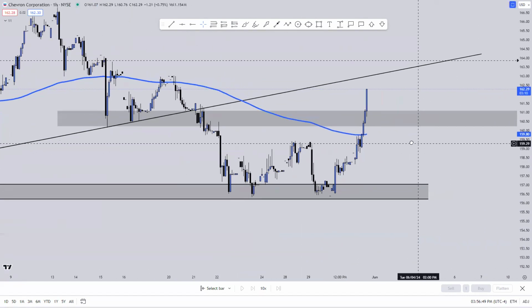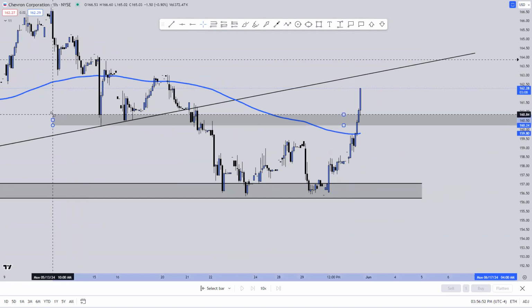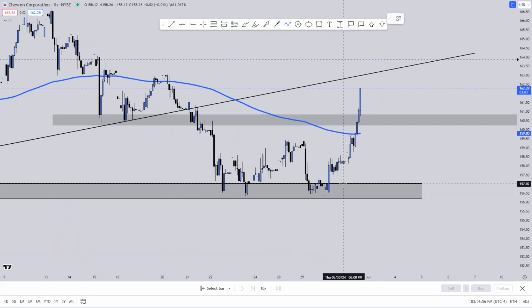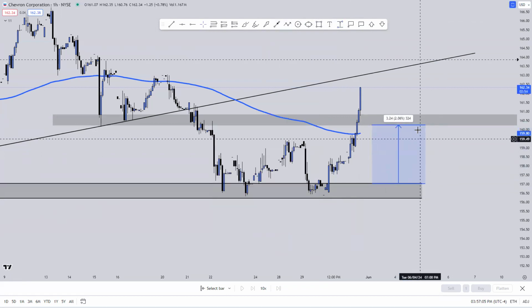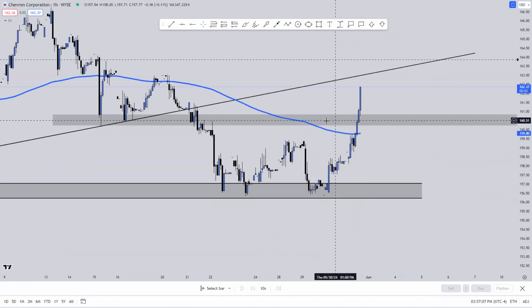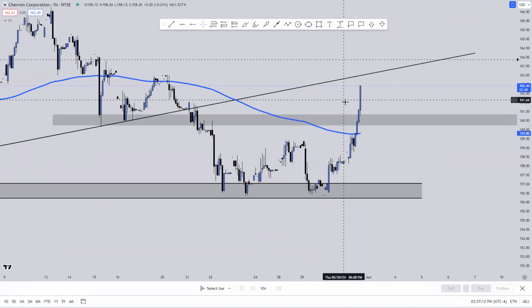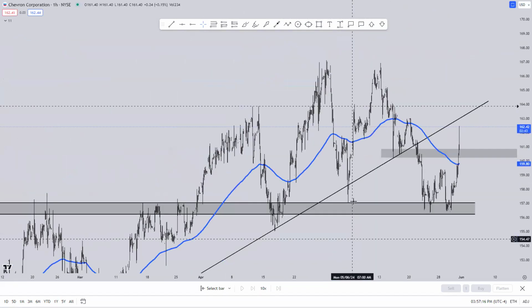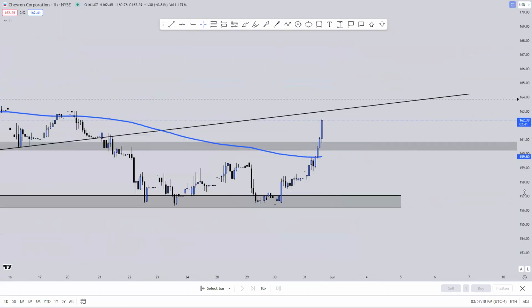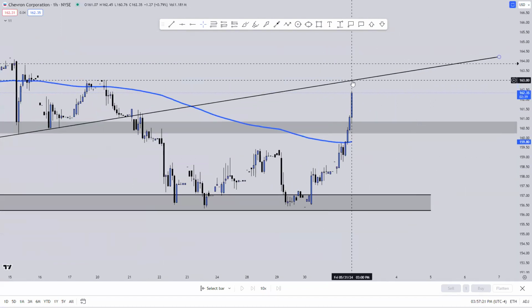So you can see the trade we just traded from this demand all the way up to this supply, and that would be a good move right there. But now that we've broken above the level, maybe the next target could be this trend line up here, because this could be a break and retest of the trend line. So if you were still in the trade, that could be the final target.